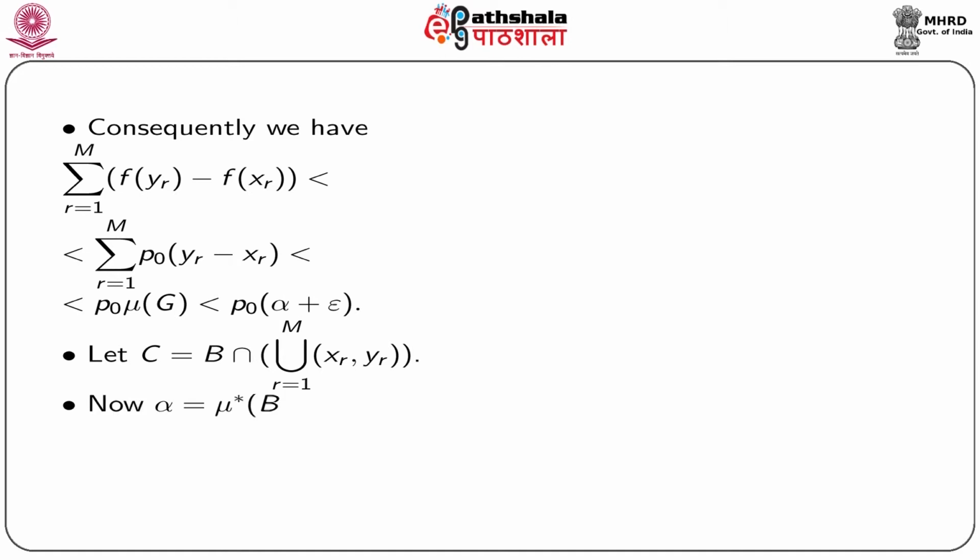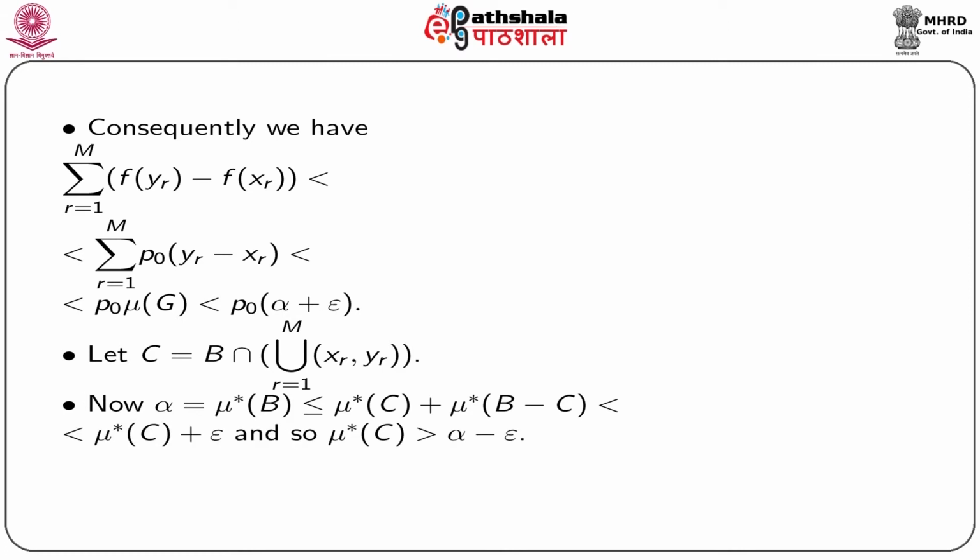Now, we have mu star B, which is equal to alpha, is less than or equal to mu star C plus mu star (B minus C) by the subadditivity property of Lebesgue outer measure. This is again less than mu star C plus epsilon, and consequently we get mu star C greater than alpha minus epsilon.